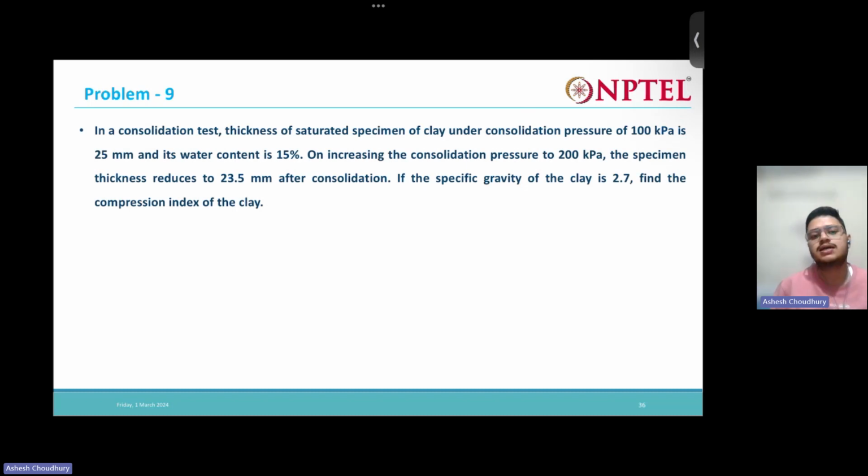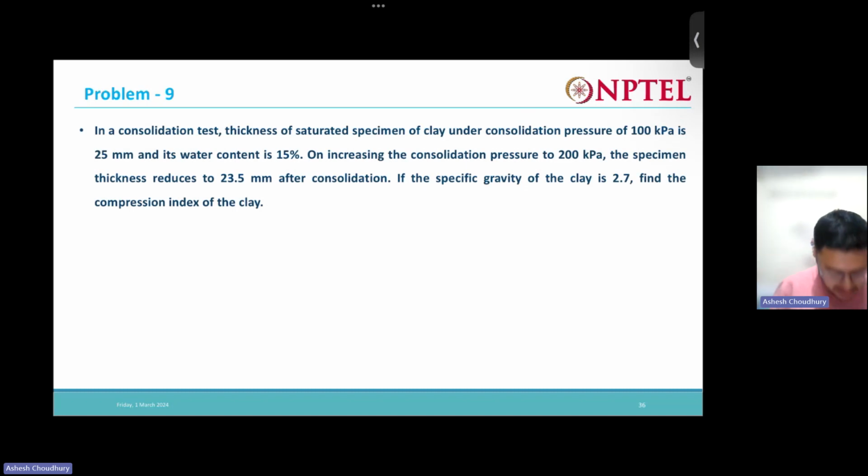On increasing the consolidation pressure to 200 kPa, the specimen thickness reduces to 23.5 mm after consolidation. Obviously, if you increase the pressure, there is going to be consolidation settlement and the thickness is going to reduce, right? If the specific gravity of the clay is 2.7, find the compression index of the clay.